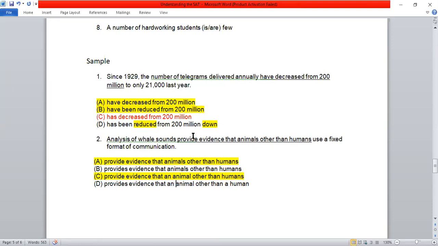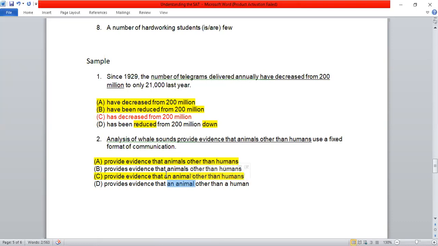Is it only one whale, an animal other than a human, or analysis of whale sounds provides evidence that animals, all the animals, other than humans, all the humans, use a fixed format of communication.